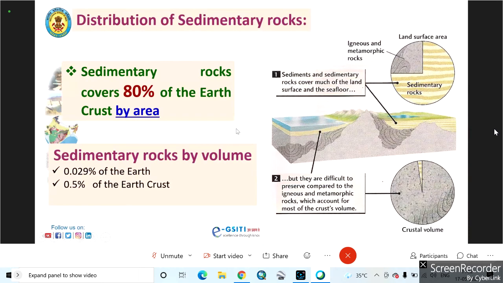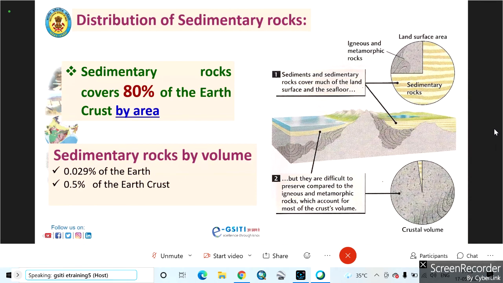So here, before going to the main part, that is the formation and the classification, I would like to inform you about the fundamental things of the distribution of sedimentary rocks, where on the right hand side you can see that the sedimentary rocks cover approximately 80% of the earth crust by area, whereas by volume they cover only 0.029% of the earth and 0.5% of the earth crust.